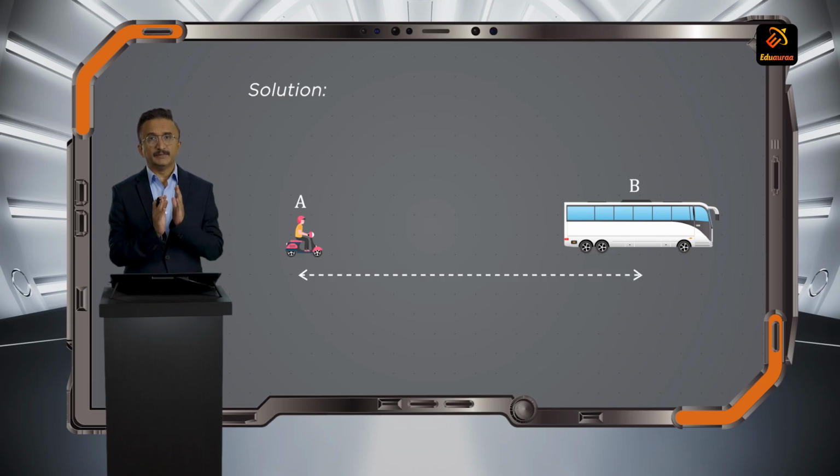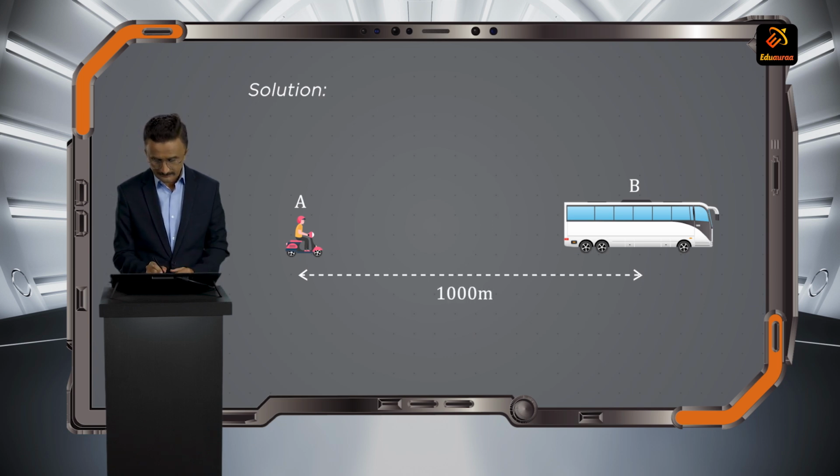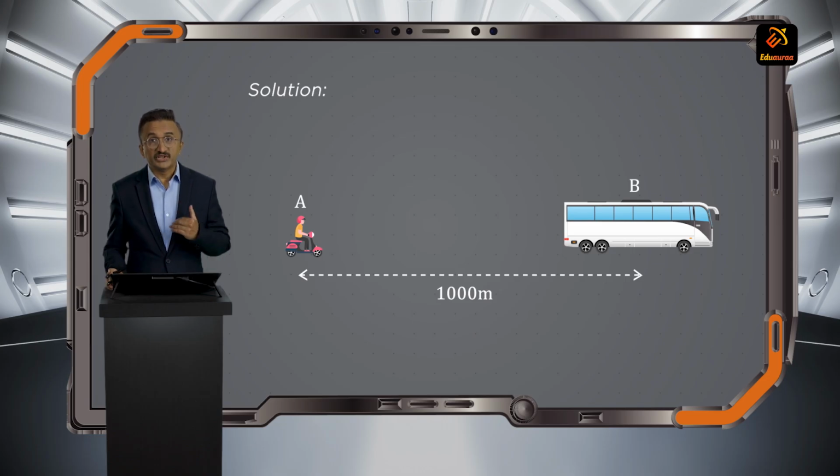The distance between the scooter and the bus is 1 kilometer, means 1000 meter. Now the bus is moving ahead with a velocity of 10 meter per second.